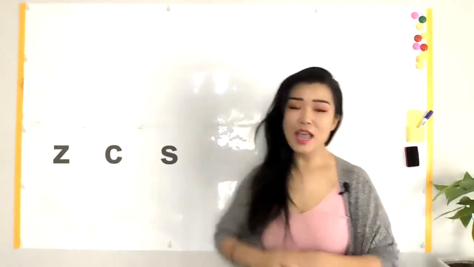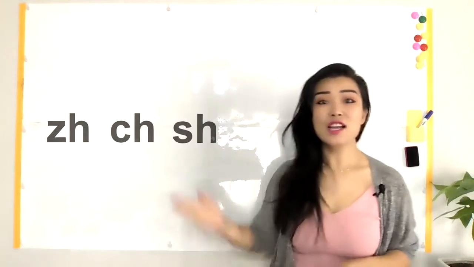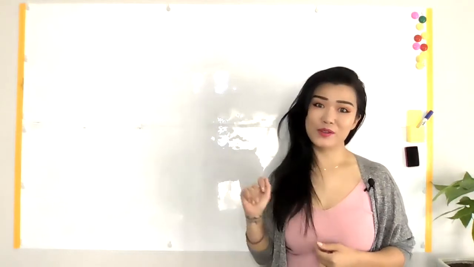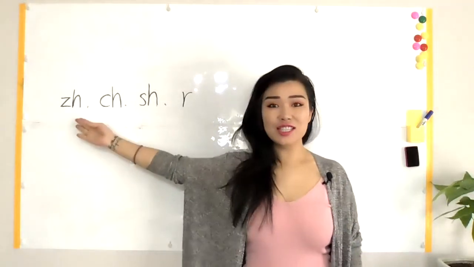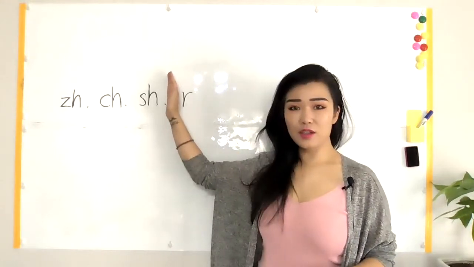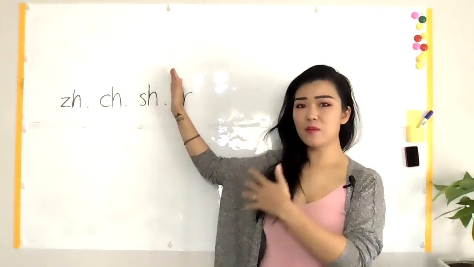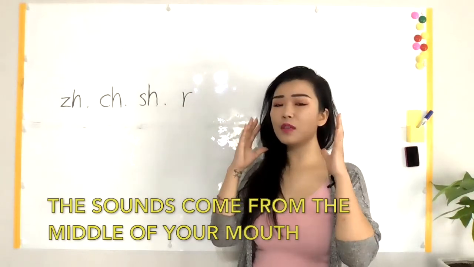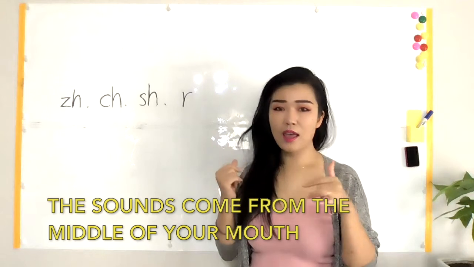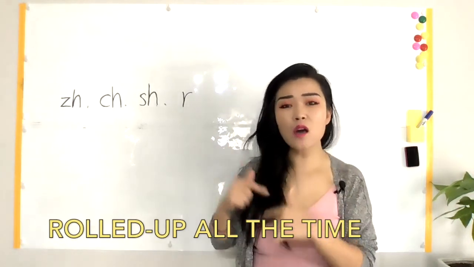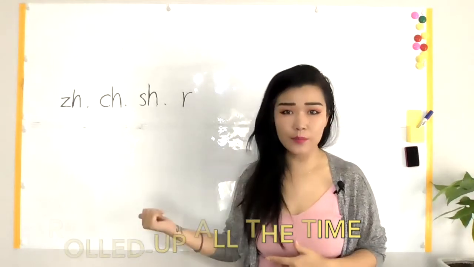these two lines. And today let's try zhi, chi, shi. And don't worry, they are not that difficult. So zhi, chi, shi. Just ignore the r; we're gonna talk about the r letter. First of all, the sound comes from the middle of your mouth, and your tongue needs to be rolled up all the time when you are pronouncing them.